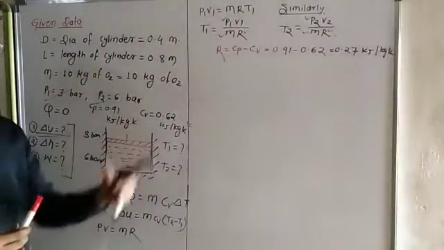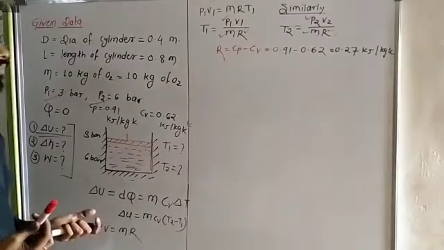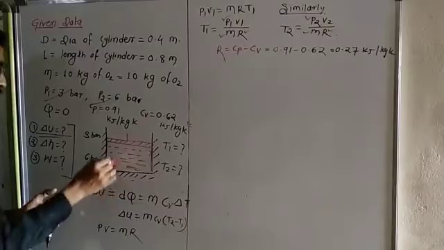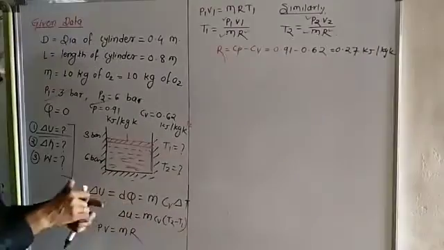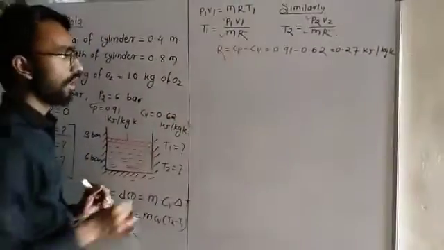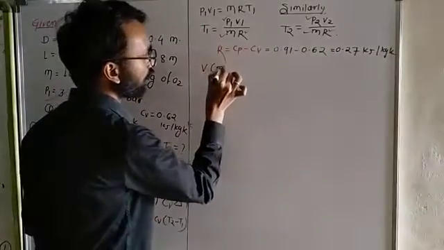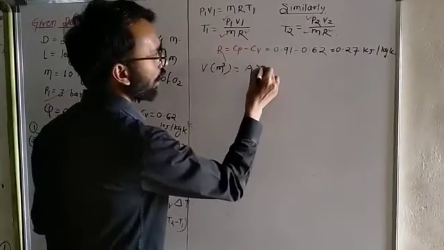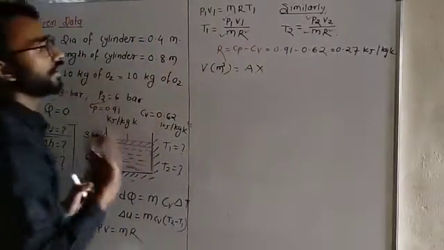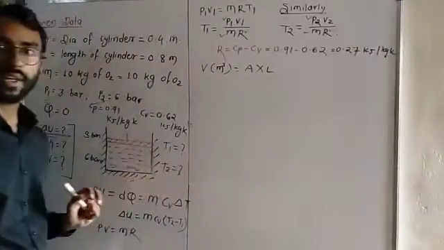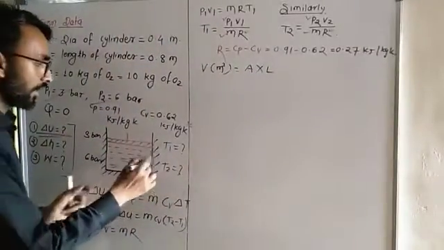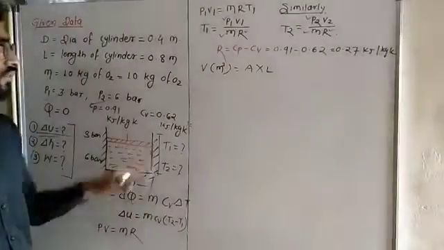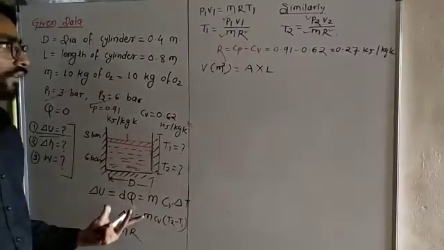Now how to calculate the volume? In the constant volume process, the volume will remain constant. The volume in meter cube is equal to area into length of the cylinder. This one is the length of the cylinder, this one is the diameter, and this is the area.